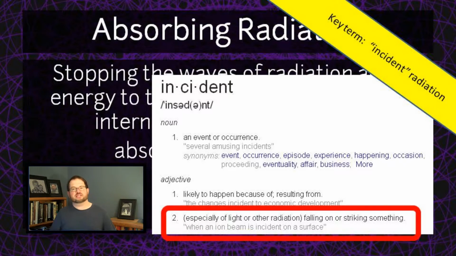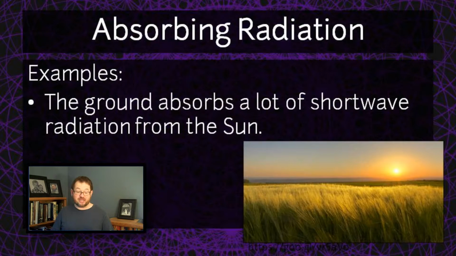When we set up solar cells on the roof of a building, we're talking about the amount of solar radiation incident on the solar panels. All right, it's just a term that comes to us from the study of radiation. And so we could talk about the incident shortwave radiation that falls on this field here. The ground is really good at absorbing shortwave radiation from the sun.